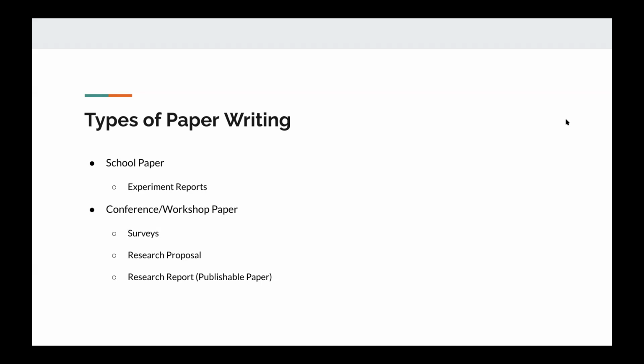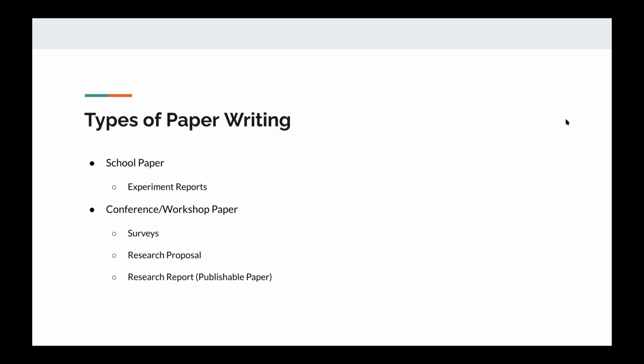And then conference or workshop papers would be a more extensive report, not as extensive as a thesis, but a deeper dive into a description of research work that you've done. They're usually submitted to conferences, presented at conferences, and maybe published in a journal.